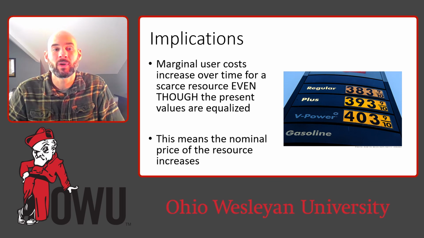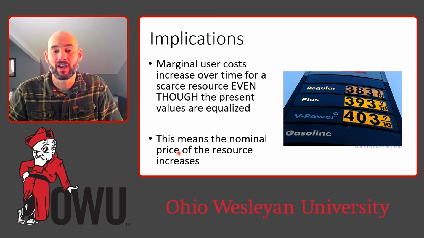And so what this implies is that even though the present values are equalized of the marginal net benefits, the nominal price of the resource is going to increase over time as the resource becomes more scarce, which is what we would expect with fossil fuels.